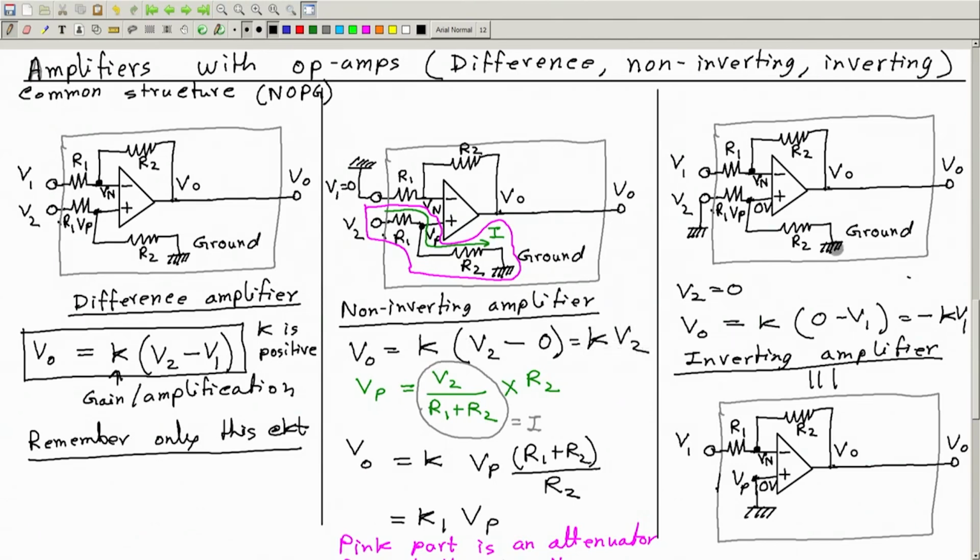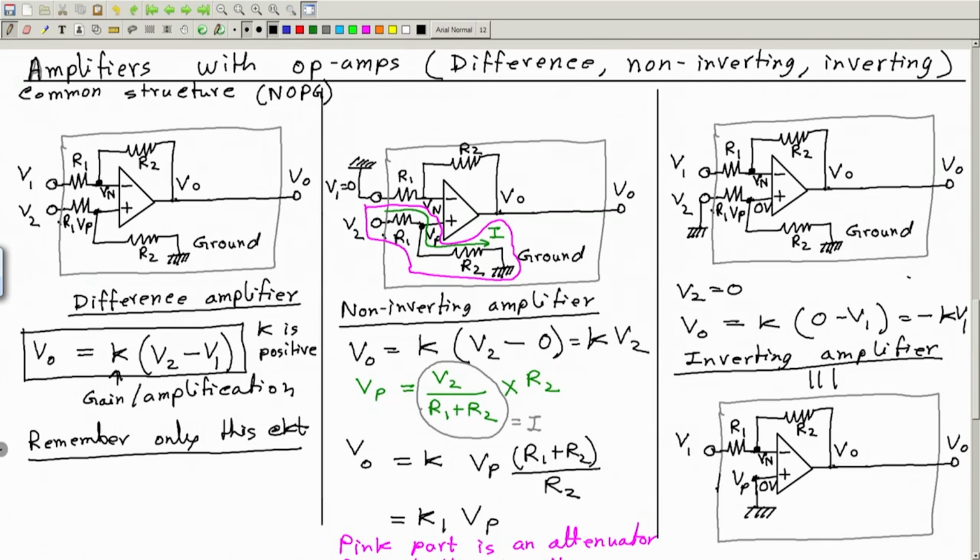What does this do? The output is this input V1 multiplied by some negative factor. And what does this do? This has 2 inputs. So output depends not only on V1, not only on V2, but on both of them and on the difference between V1 and V2. V2 is connected to positive, so V2 minus V1, multiplied by some factor k, will be the output. This is called the difference amplifier. This is how it works.